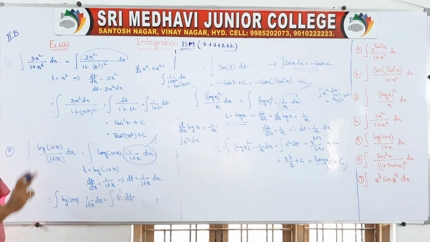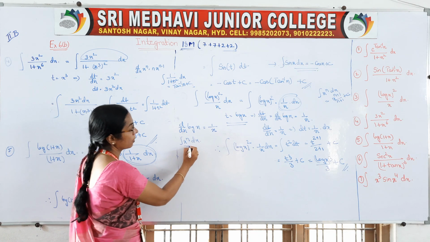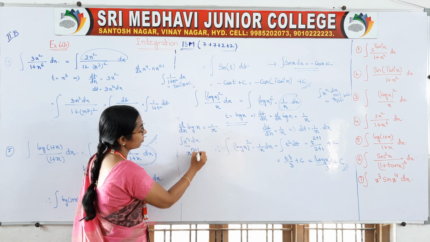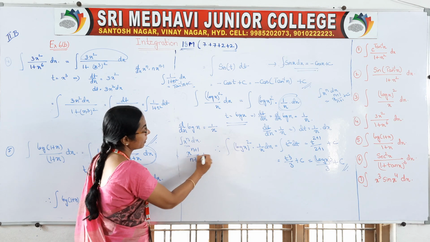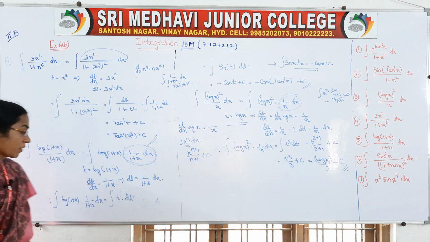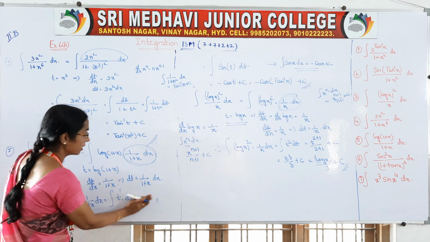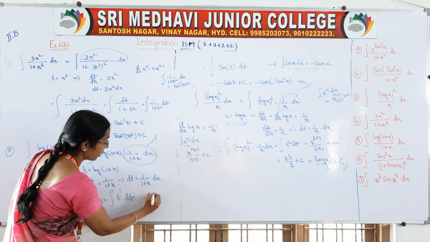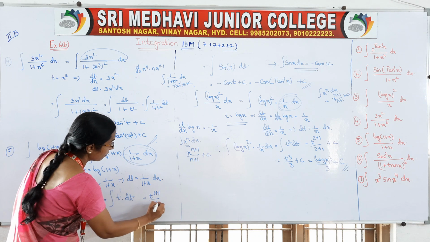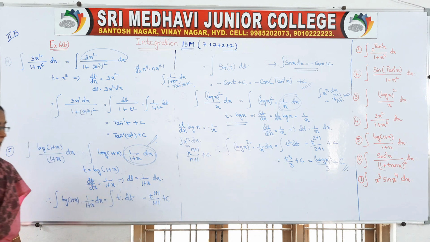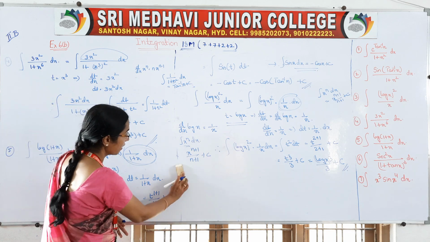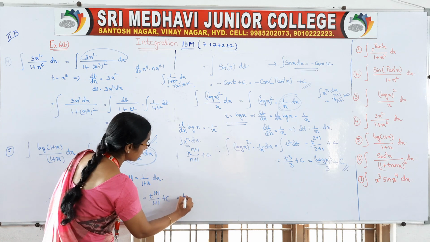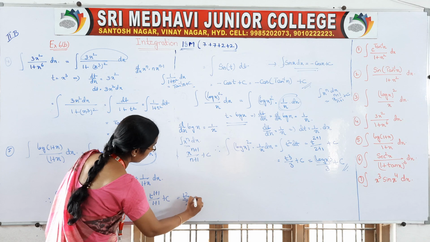For any value, power is there, right? We have to go for this formula. What is that? X to the power of n plus 1 by n plus 1 plus c. Okay, so we can write this as t to the power of 1 plus 1 by 1 plus 1 plus c. So what is that 1 plus 1 value? It is 2. t square by 2 plus c.